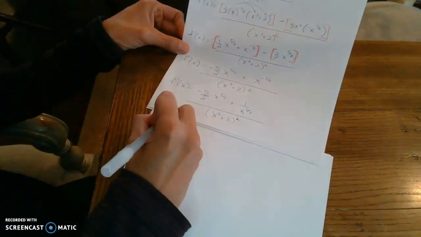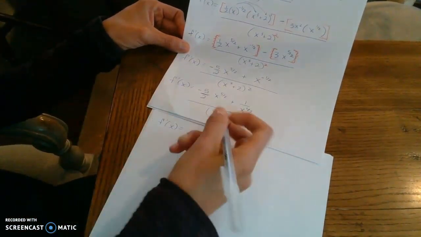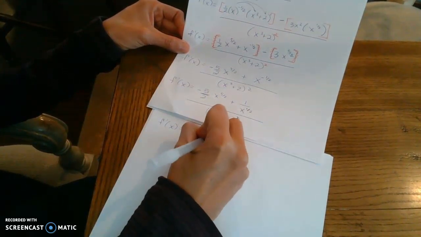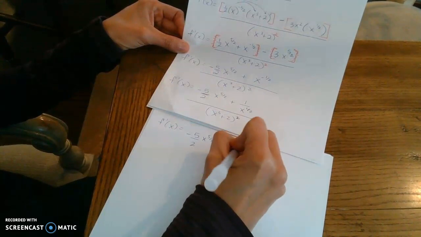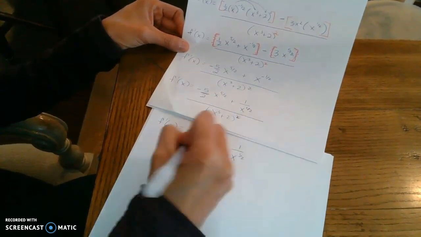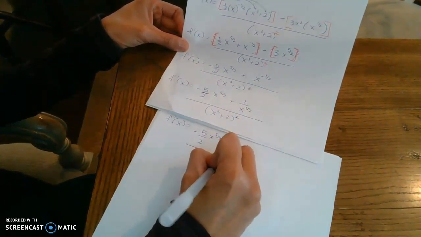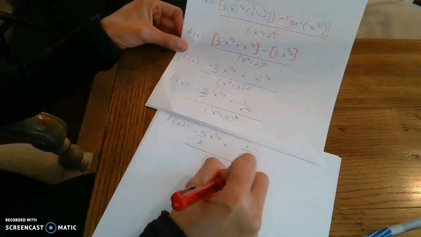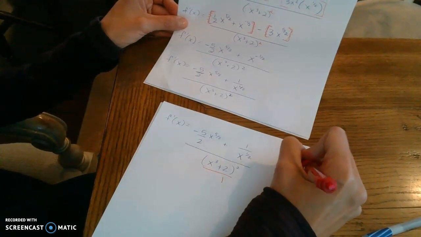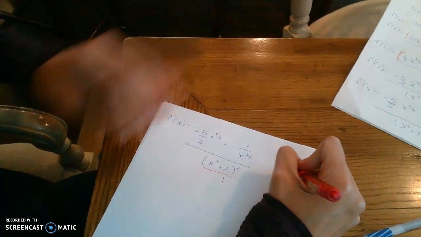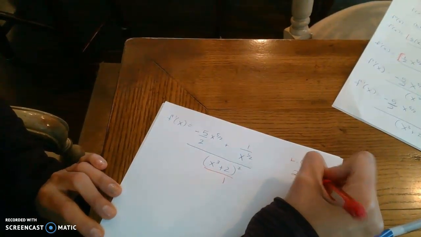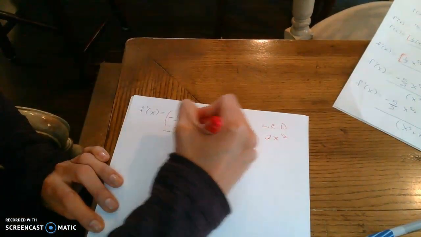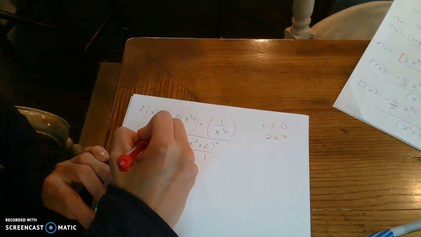In this complex fraction, f prime of x is equal to negative 5 halves x to the 5 halves plus 1 over x to the 1 half. I'm just rewriting what I have, and then I'm going to see what my common denominator is. This has a denominator of 1, so my least common denominator is 2x to the 1 half. I just multiply that to every single term.